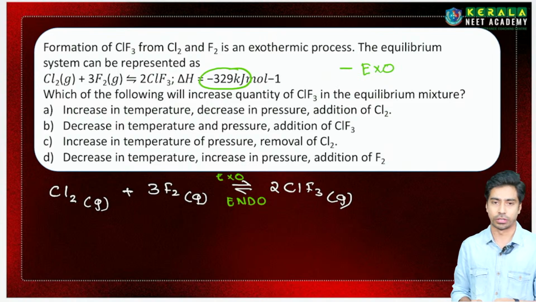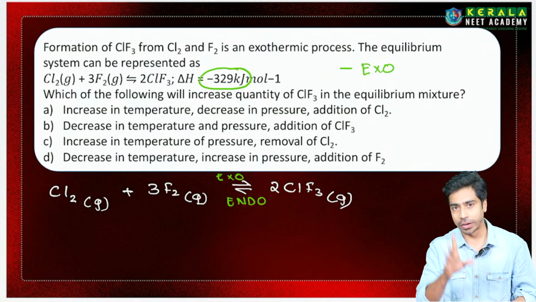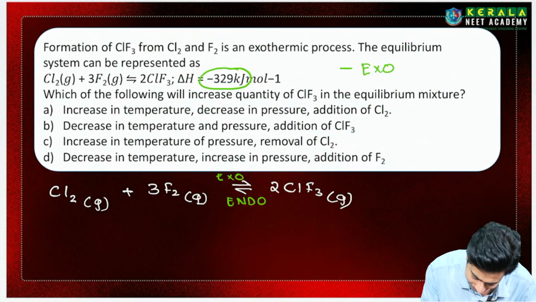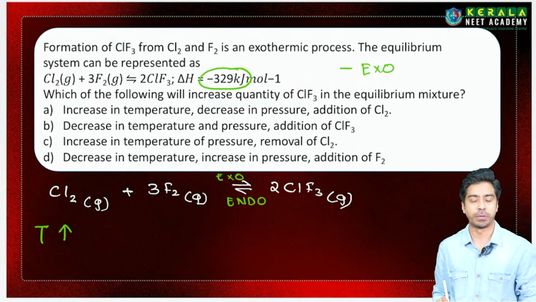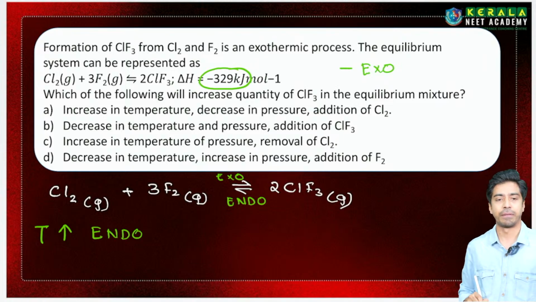If forward is exothermic, then the process will be endothermic in the reverse direction. Okay. Now listen here, effect of temperature. If temperature is increased, according to Le Chatelier's principle, the reaction will take place in the endothermic direction.